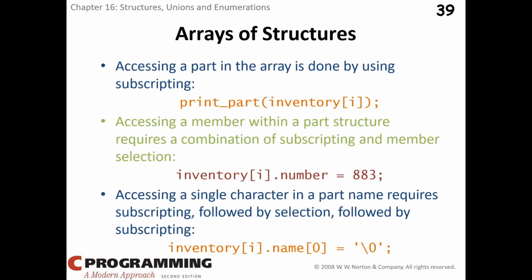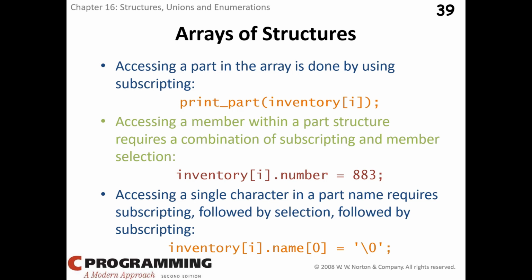So when we're accessing elements within these arrays, this will involve a combination of subscripting and member selection. To access a specific part within the array inventory, we use subscripting. We can see the example here, in the first code of our slide. Here inventory[i] refers to the element of the array at position i.